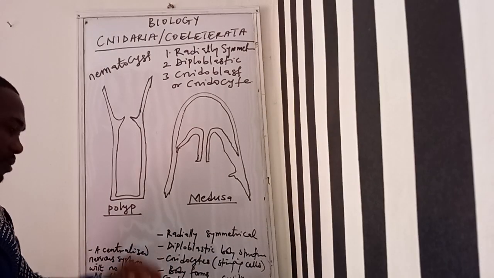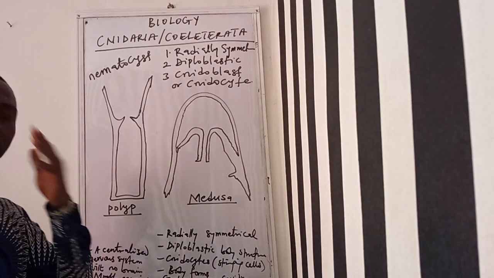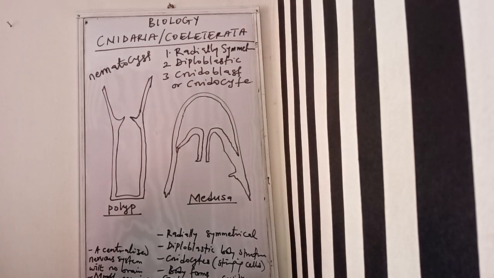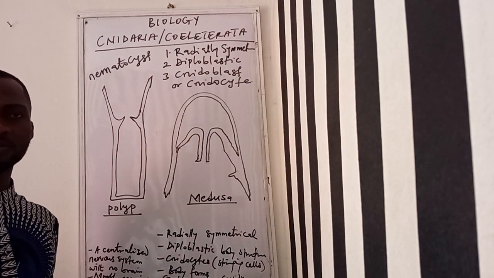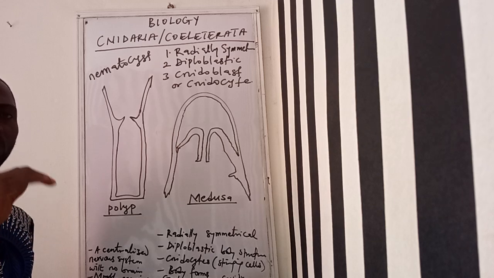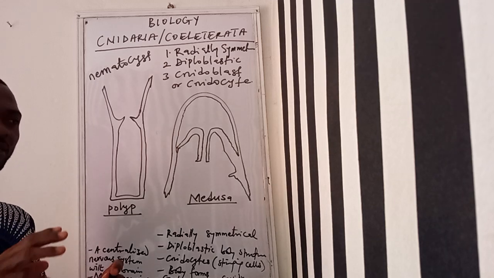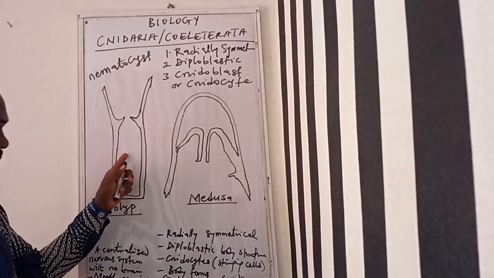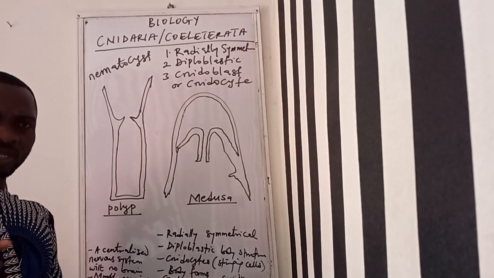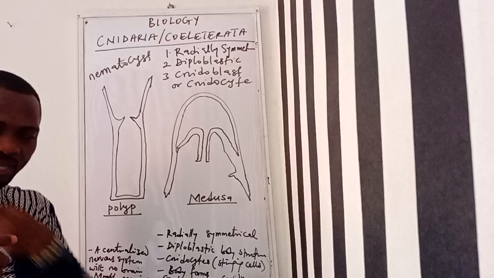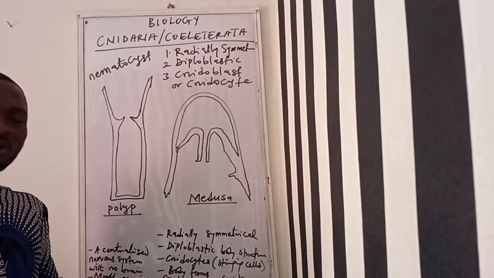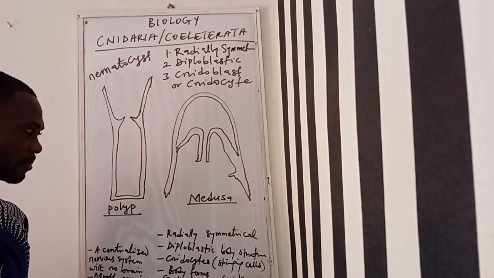Then, of course, the body form. It is important to understand that cnidarians have two different body forms. We have the one that is called a polyp, which is permanently attached to a substratum or to a solid object within the marine environment.